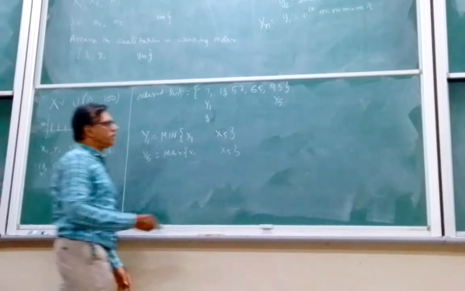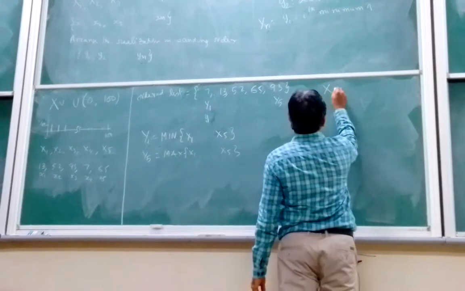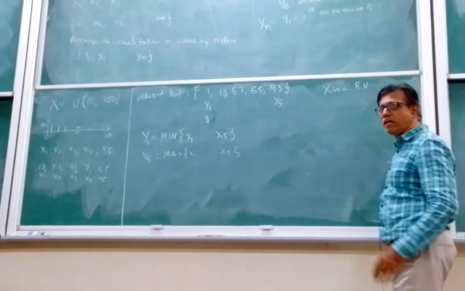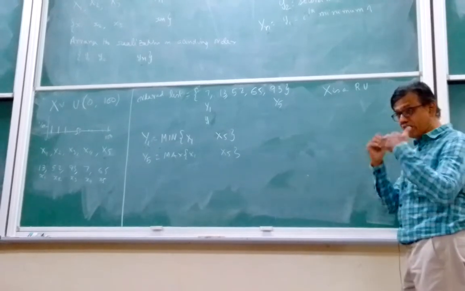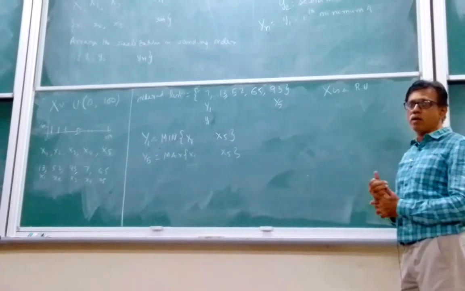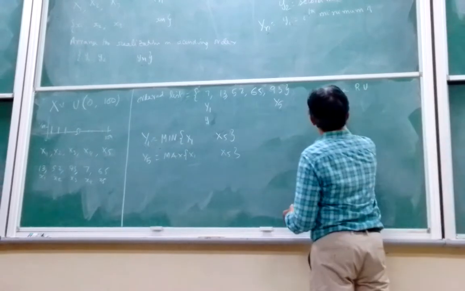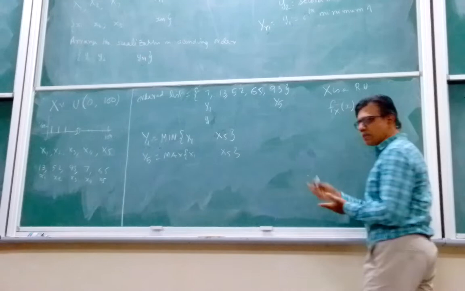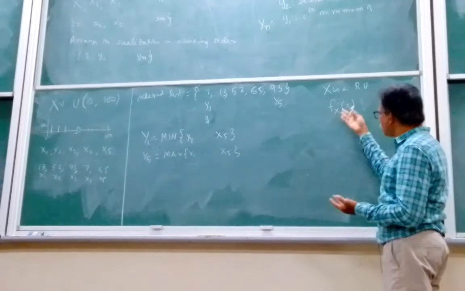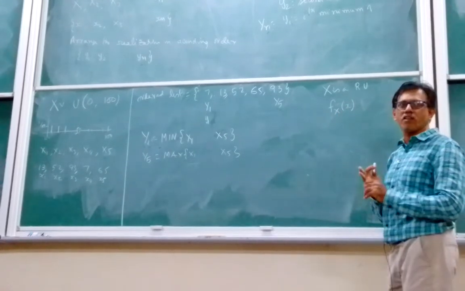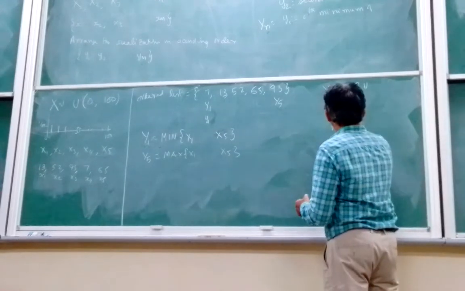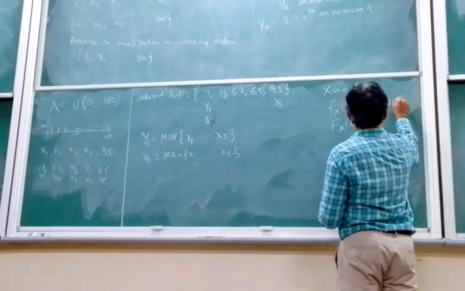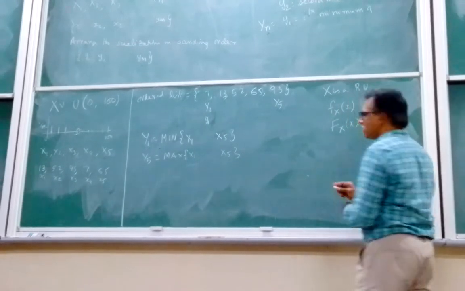Which means that x is a random variable. Any random variable it can be. We will not confine ourselves to any particular type, whether integer or continuous and so on. We assume its density function is denoted as fX(x), along with the CDF.